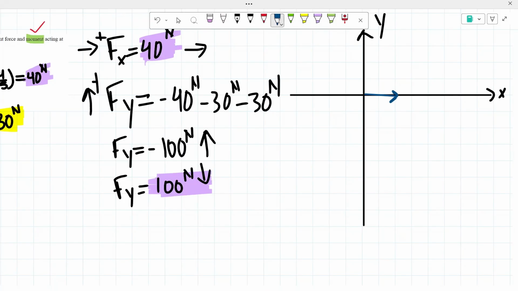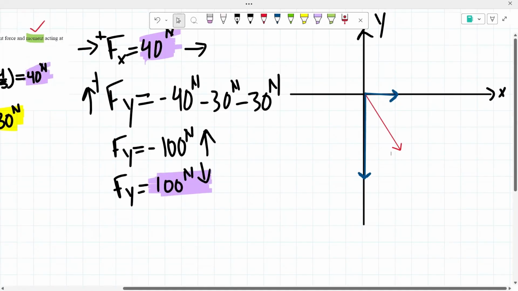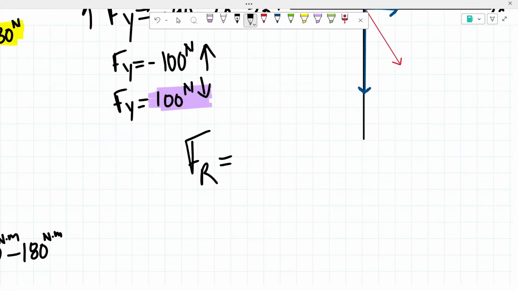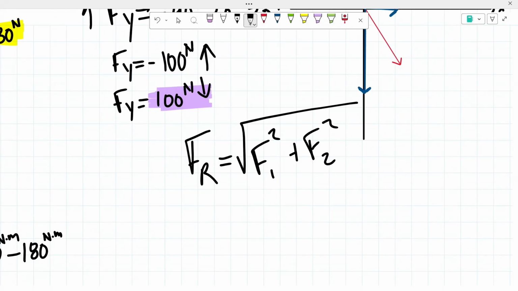So we have 100 newtons going downwards in our y direction. So we know that our resultant force is going to be somewhere around here in this quadrant. So since we know the sum of our forces in our x direction and our y direction, we can find our resultant force by simply plugging our forces into this equation.